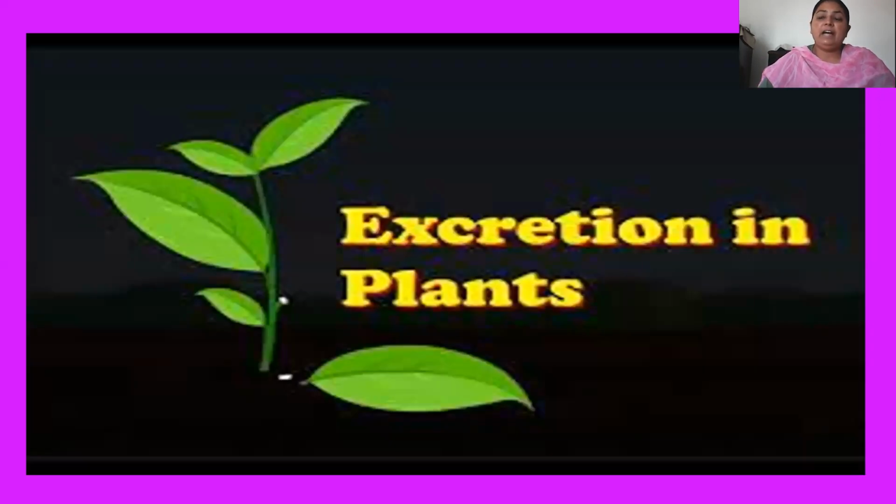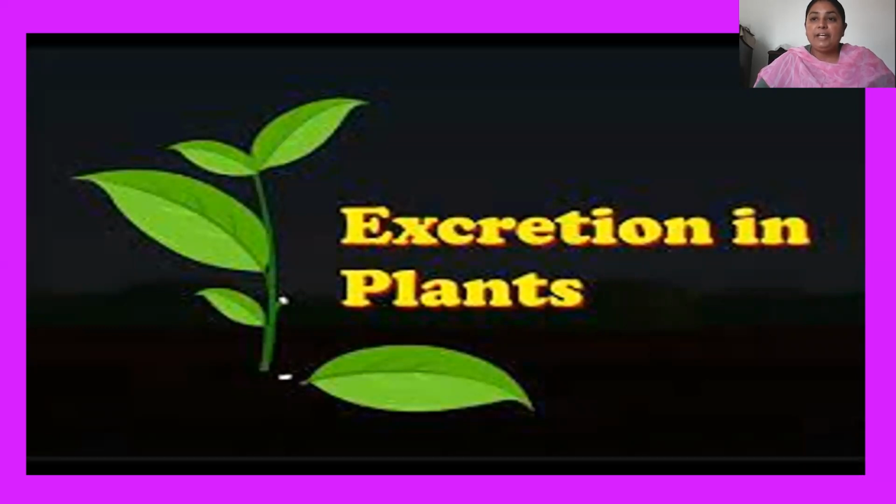Yes, children. And in the last part of the chapter, I am going to tell you in brief about a very small topic. We have already done the topic of excretion in human beings. Here I want to tell you that excretion is not a unique process found only in humans or animals.